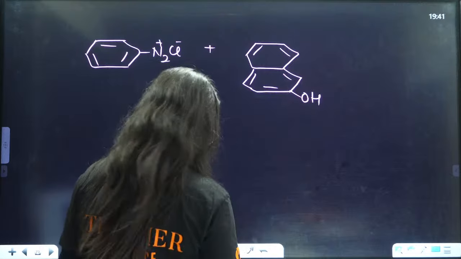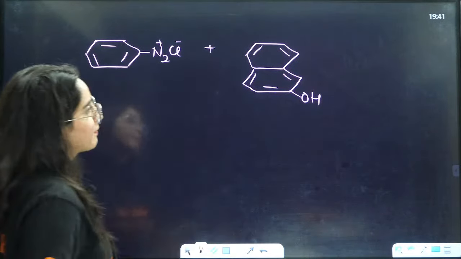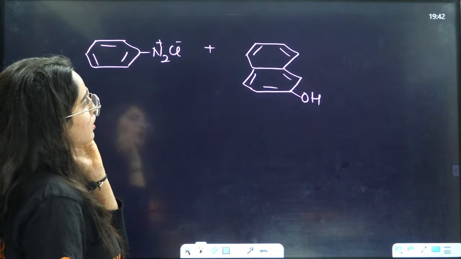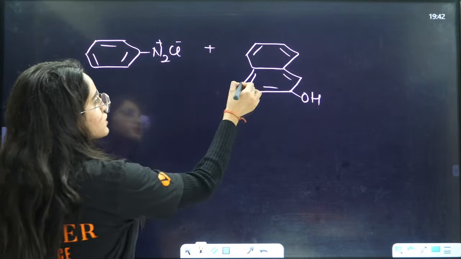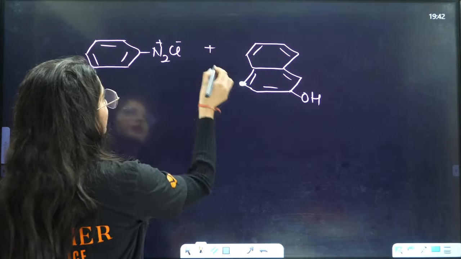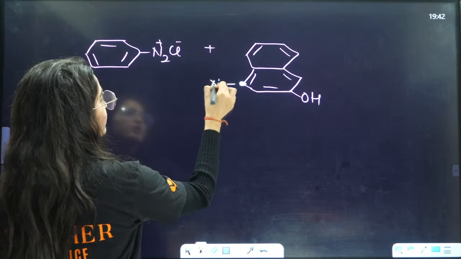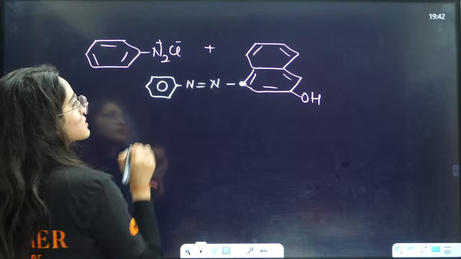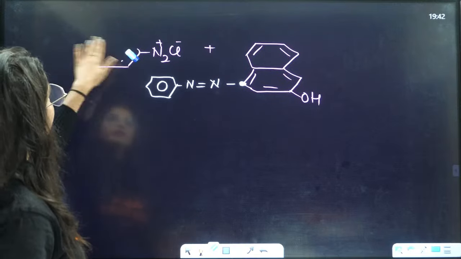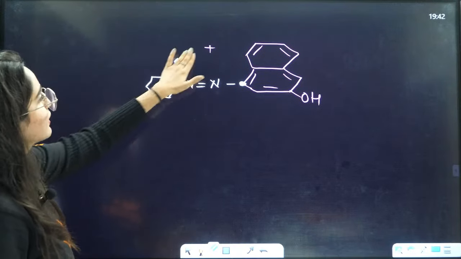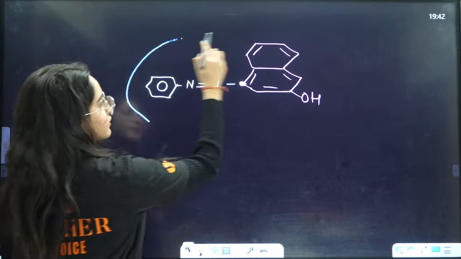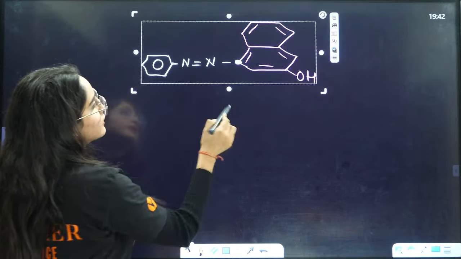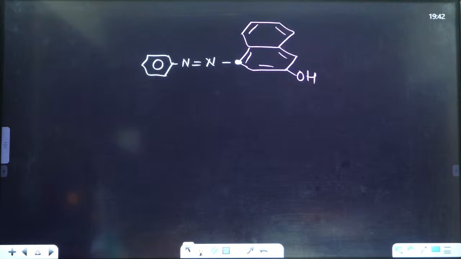Now, what will happen to this position? To this para position, this will add N2, and then you will have the formation of this scarlet red dye. This is actually your scarlet red dye.